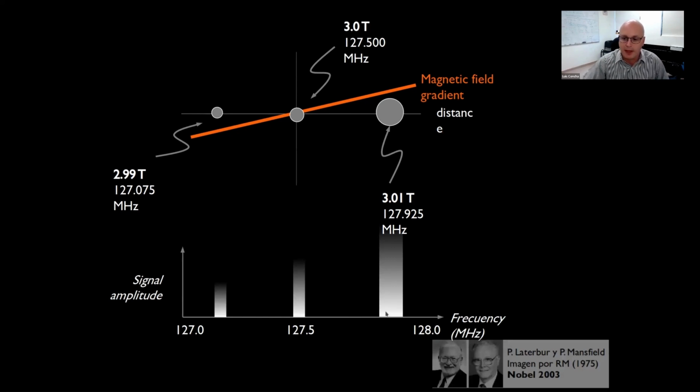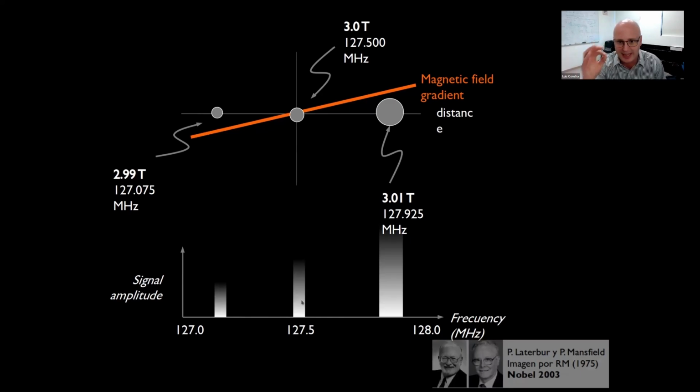We have something that is precessing at high frequency and actually has a high amplitude of the signal because there's more water in that sample than whatever is precessing on the left-hand side, and the middle precessing at different frequencies, and the amplitude of the signal tells us how much signal there is at that particular position.